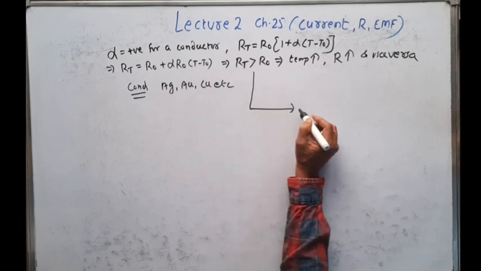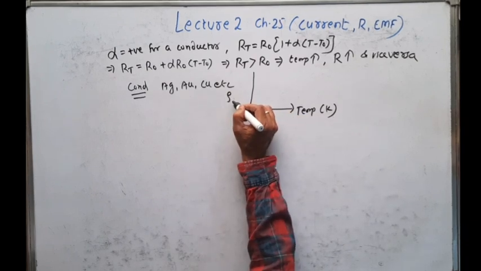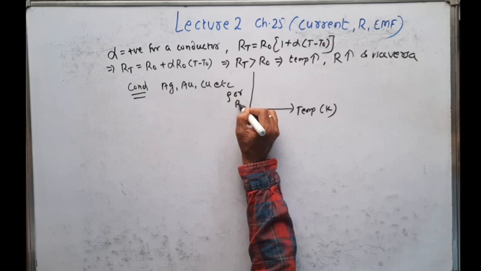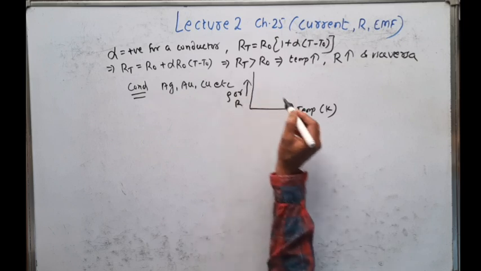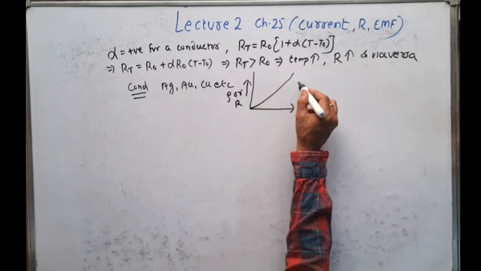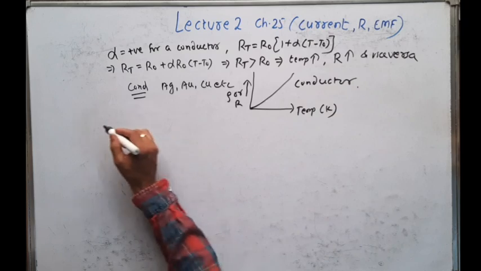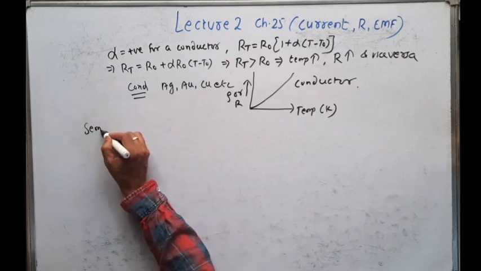If this is the temperature in Kelvin and this is rho or resistance, then with increase in temperature, resistance increases. This is for a conductor. Now come to semiconductor.